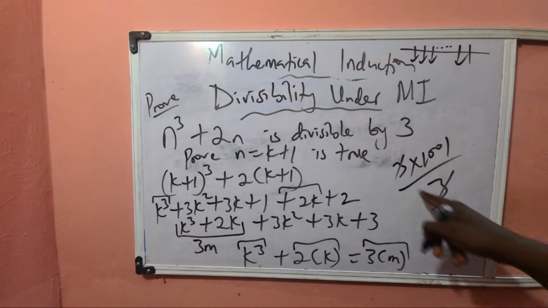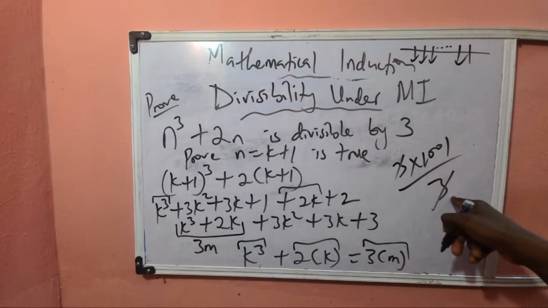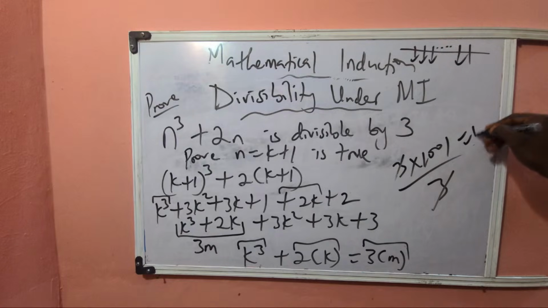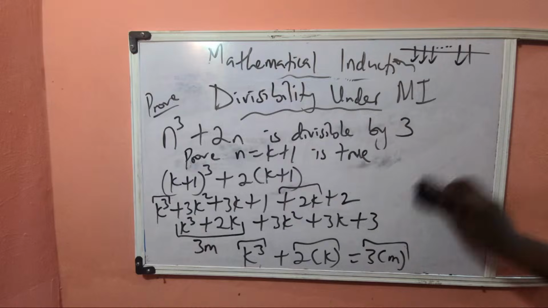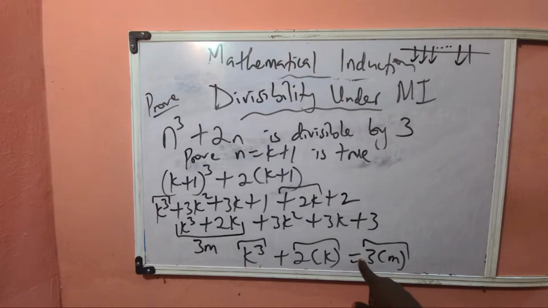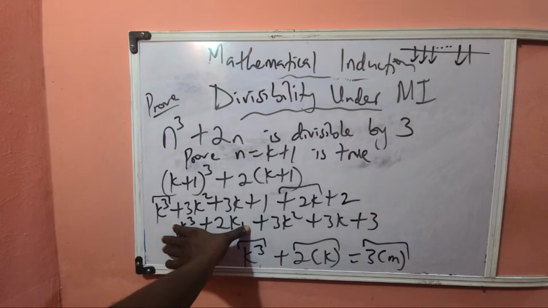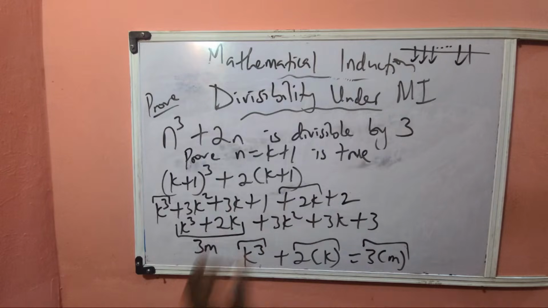So if you say 3 times 1001 divided by 3, the answer will be 1001. It's so simple. So once you have 3 times a particular integer, that value will always be divisible by 3. So this means that in this case, 3 times m is actually divisible by 3. So we have established that this side is divisible by 3. Let's go and see if we can establish this side also.